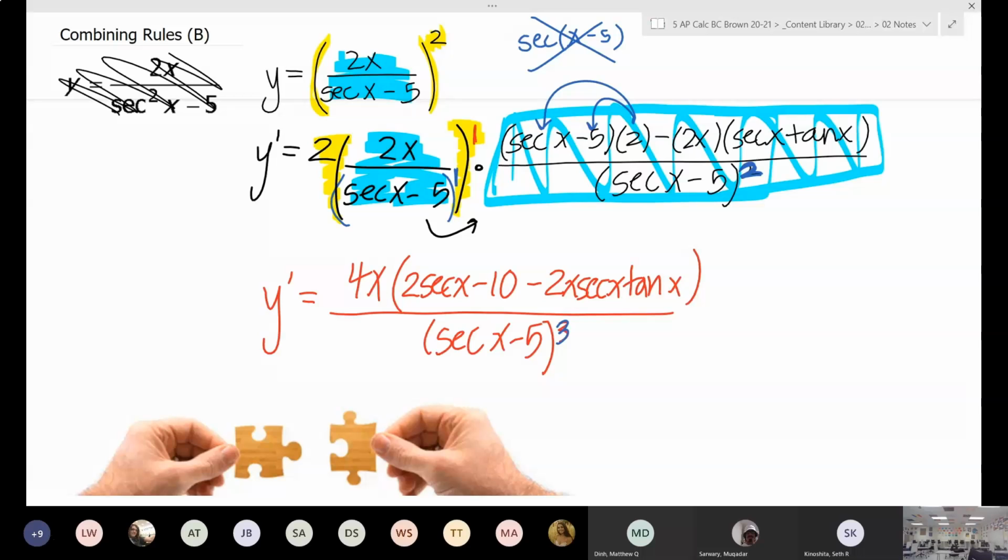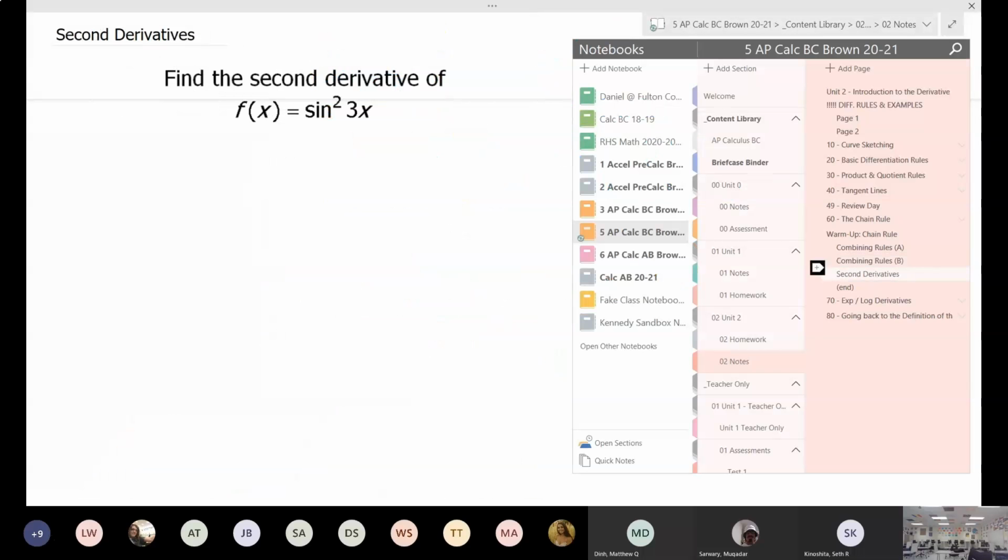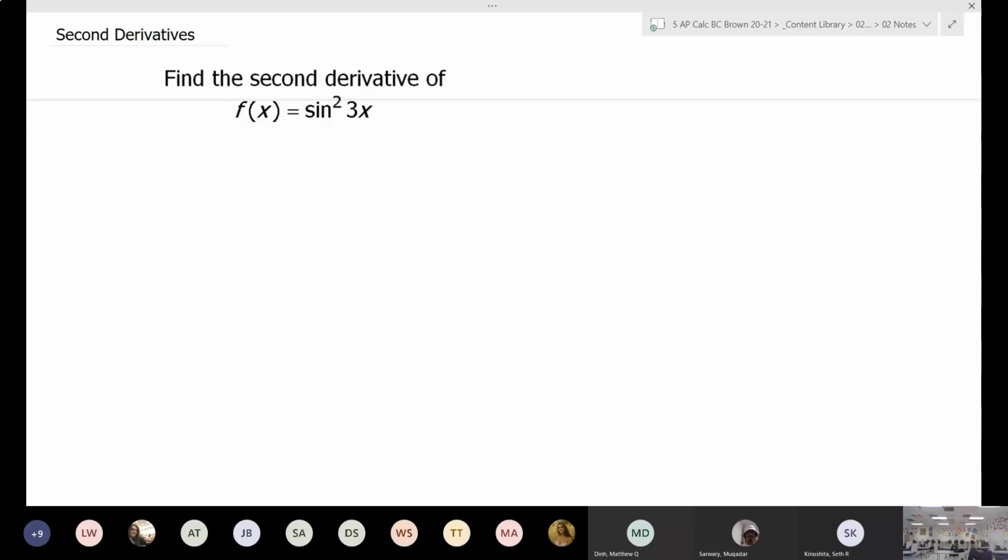All right, so then the last slide. Most of you probably don't need to know this because you can figure it out because you're smart. But we talked about the first derivative and the second derivative. We know how the first derivative is mainly associated with increasing or decreasing, where the second derivative is mainly used for concavity.